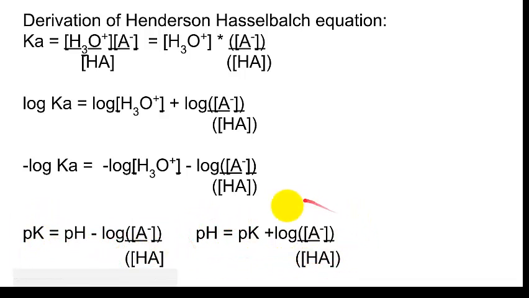There is the Henderson-Hasselbalch equation. So you can see in just a couple simple steps we went from the definition of Ka to the Henderson-Hasselbalch equation. So really, the Henderson-Hasselbalch equation is just another way of saying this familiar equation, which is the definition of the Ka of any acid. So there's your relationship between pH and pKa. Thank you for your attention.